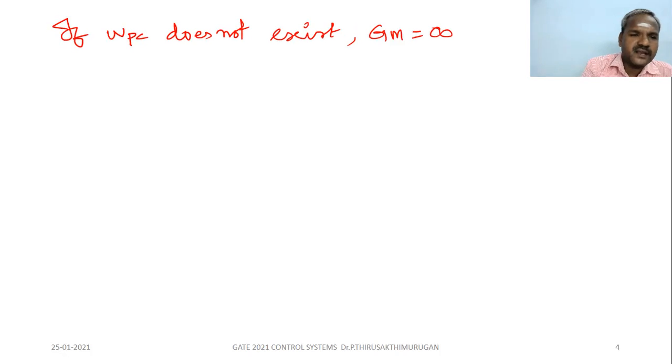Next frequency domain specification is the phase margin.